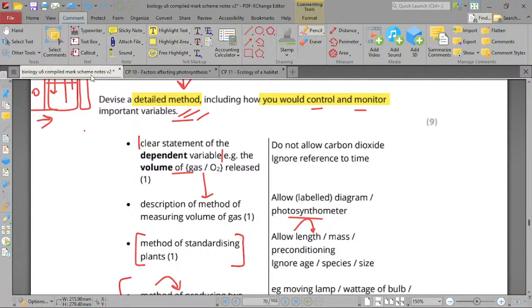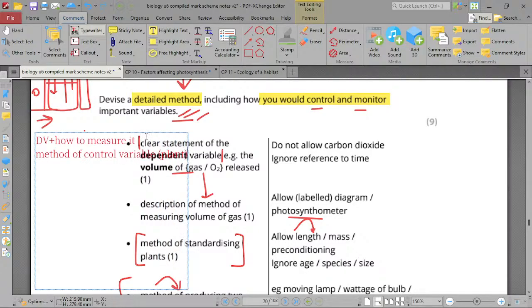So the dependent variable plus how to measure it, then how to control, so the method of control variable, plant.